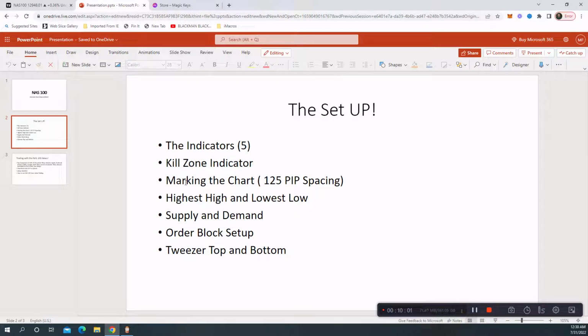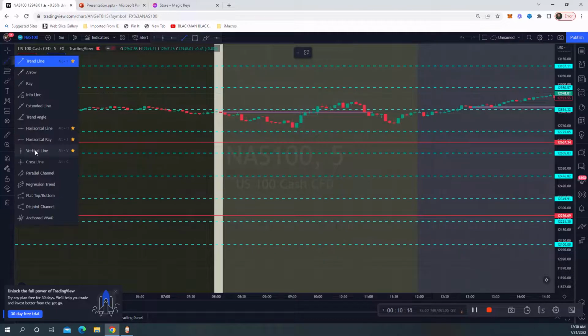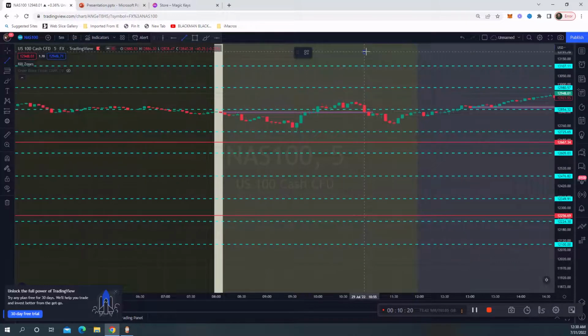Now, let me show you the marking on the chart. These little blue broken lines are technically the horizontal line. I was playing around with this, and I was noticing something that dealt with pullbacks with the NAS.